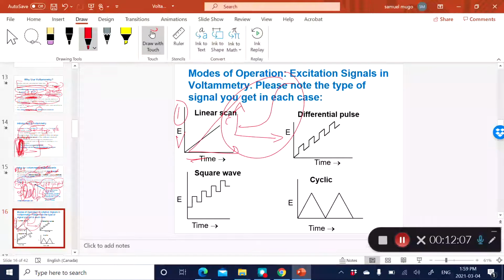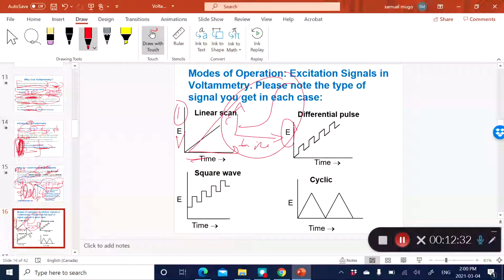And I'm going to talk a lot about it in the next couple of slides. The other type of scan mode is differential pulse voltammetry. In differential pulse voltammetry, you increase the voltage with time, but you pulsate it, so you increase it in pulses or in steps, okay?